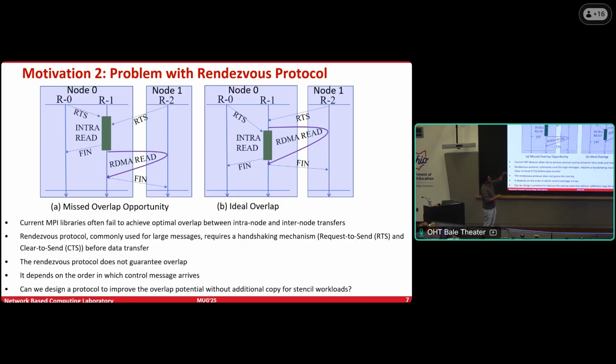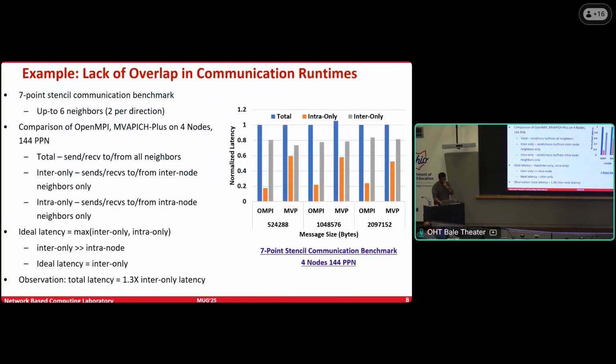We saw that there is some problem with the rendezvous protocol. It doesn't guarantee any perfect overlap between the intranode and internode transfers if you have any in your application. On the right side, you can see that there are 2 nodes, with 2 processes on node 0 and 1 process on node 1. Say you get an intranode RTS before the internode RTS, then you cannot perfectly overlap, because rank 1 will be busy doing the intranode transfer.